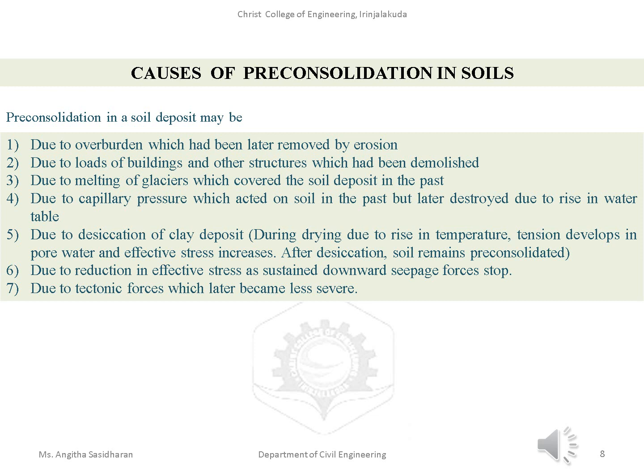So once there was an overburden, now it is not there, and if some load comes again, then that may give a pre-consolidation. Next is due to loads of buildings and other structures which had been demolished. And the third probable cause is due to melting of glaciers which covered the soil deposit in the past.